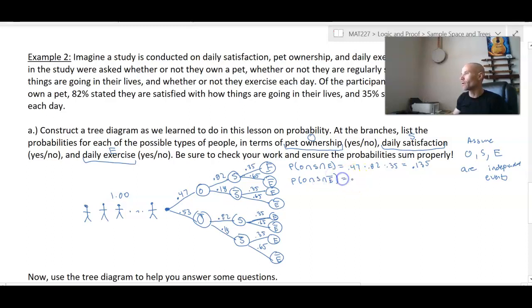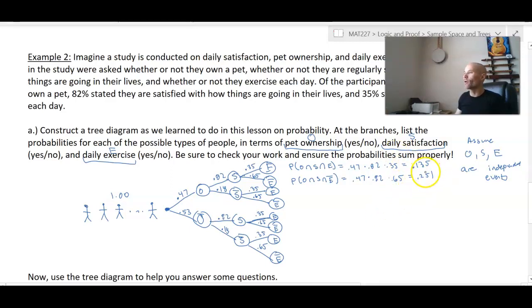And that's still going to be 0.47 times 0.82 times 0.65. You could also backtrack to try to get back to where all the people started, and then you could grab all of the percentages and multiply them together. The order of them doesn't really matter since they all just get multiplied together anyway. Okay, that is going to be, just change the 0.35 to a 0.65, comes out to 0.251.